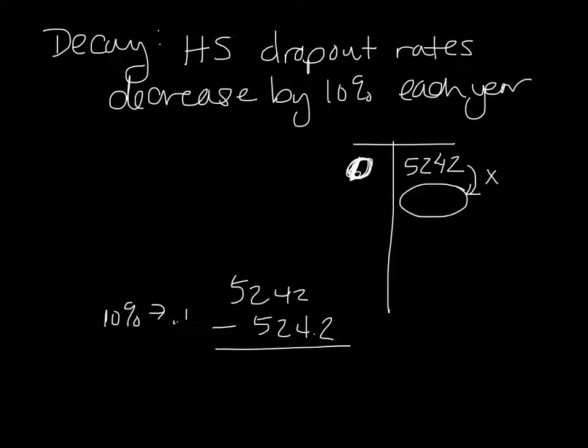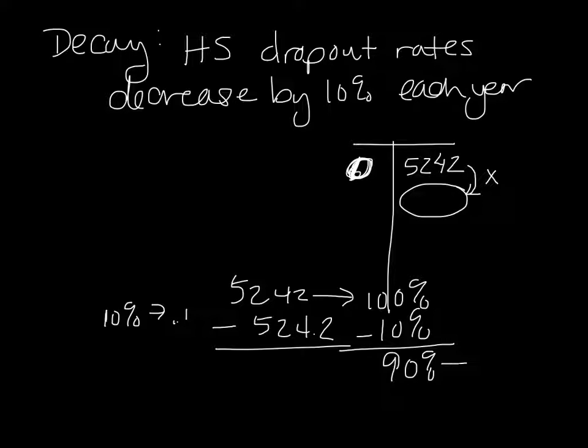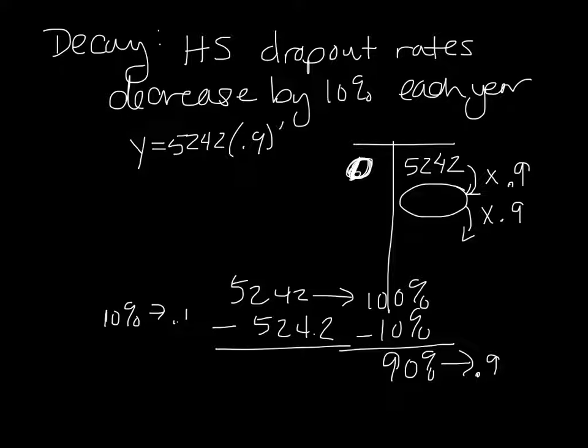Now what we're doing here is we're taking 100% minus 10%. And so technically we're keeping 90%. So what I want to do is multiply by 0.9. That is going to be my multiplier number, my loopty number. So then when I look at my equation, it's going to be y equals, and I'm going to start with my starting point, and then I'm going to take it times 0.9 to the x.